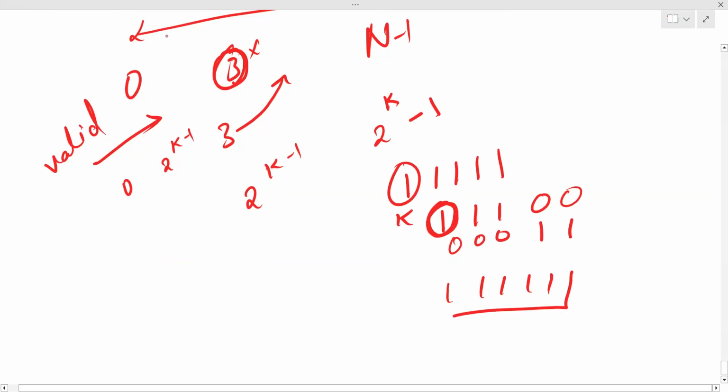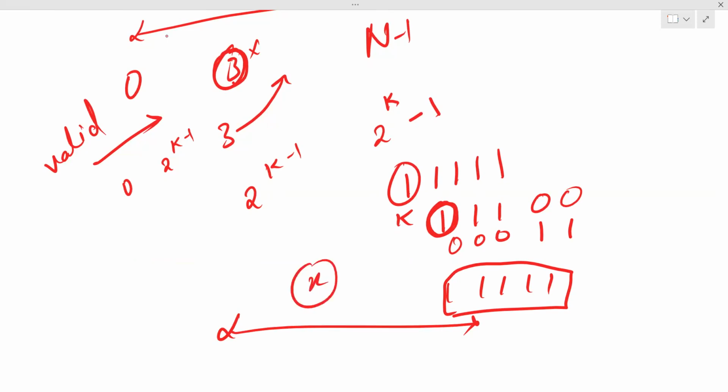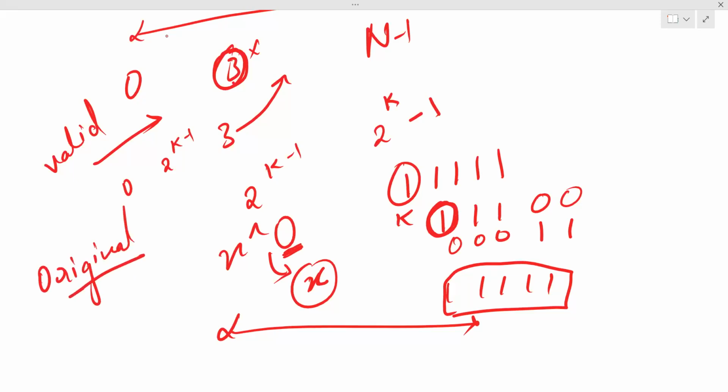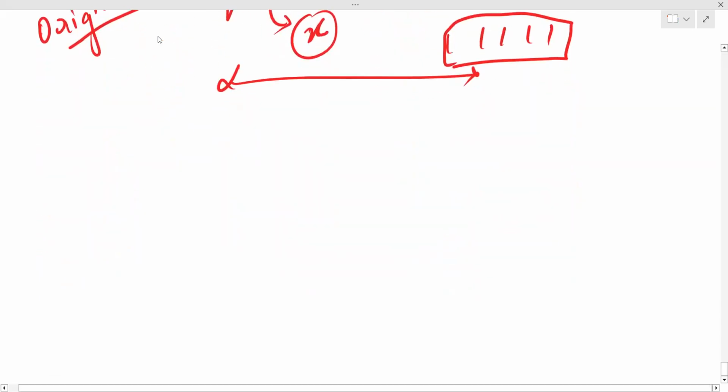So if I have this number, this would mean that all the n numbers should be consecutive to this, right? But again, if you see, x is somewhere here and I cannot get x, because for that there should have been a 0 in order for me to get an x, and 0 is simply not present in my original permutation. So that's why both of these cases are not valid.